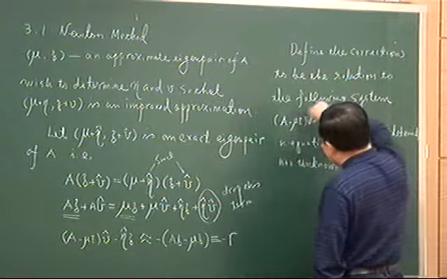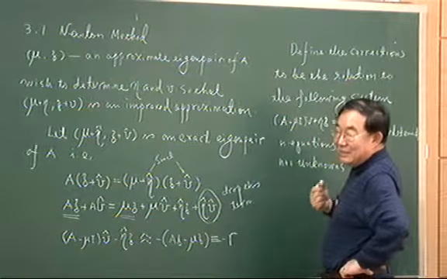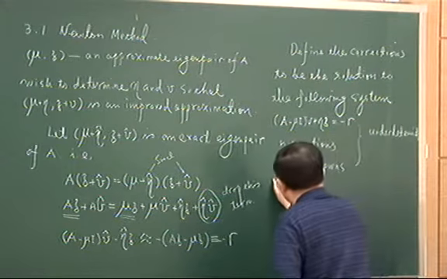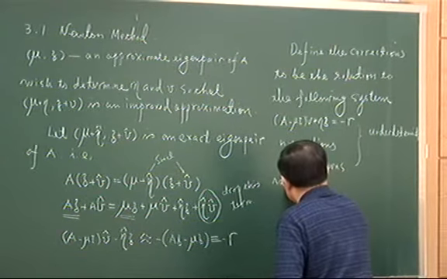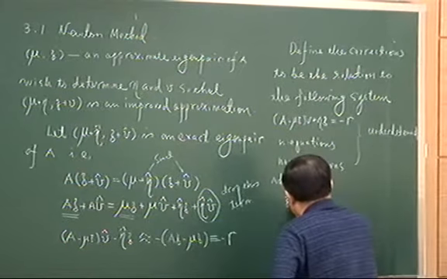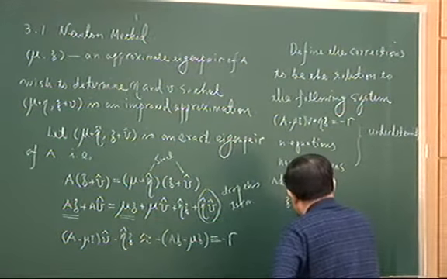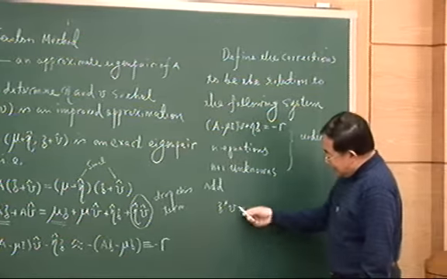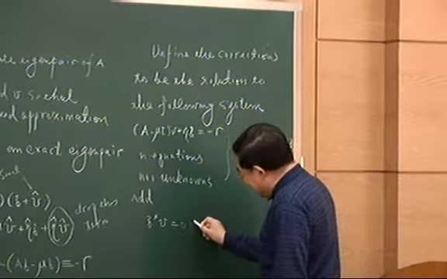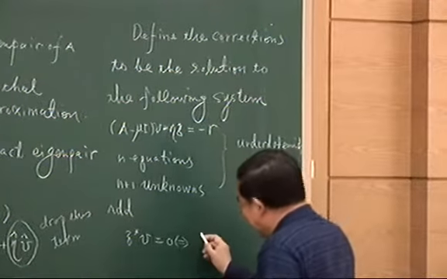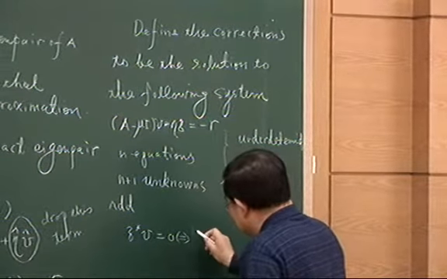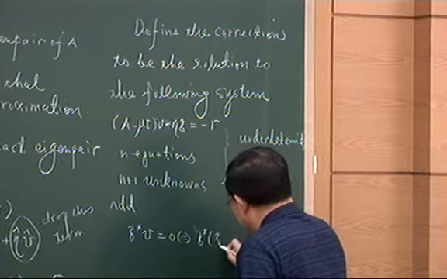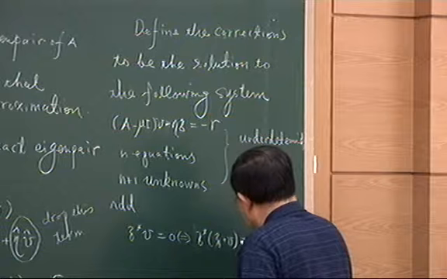In order to have a unique solution, we must add another equation. So we can add an equation as just this one. We hope that z transpose v is equal to 0. This is just equivalent to that one, z plus v has norm 1.